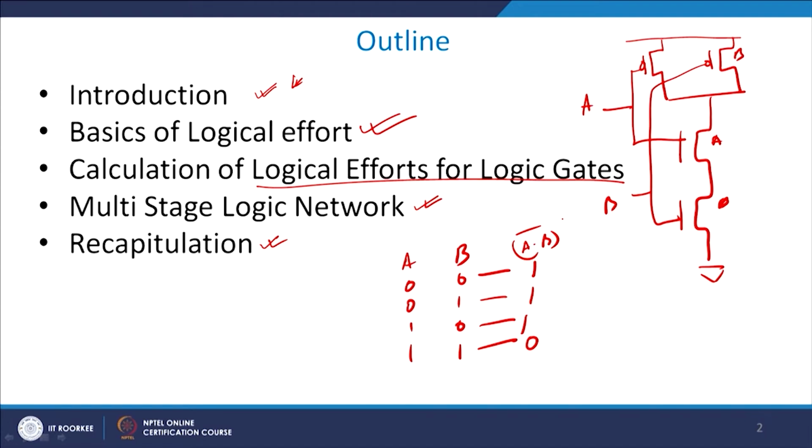Now, the idea here is that you can only have one transition. So if you are storing 1 here, you can only go to 0 provided both A and B are equal to 1, which is this one. But if this was initially 0, then you can go to 1 under either of these 3. So, if you fall back to your previous understanding, you will know, as I discussed with you, that 0 to 1 transitions are the transitions which are power consuming cycles.